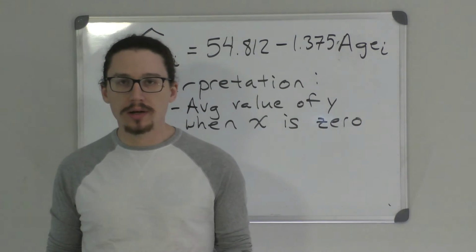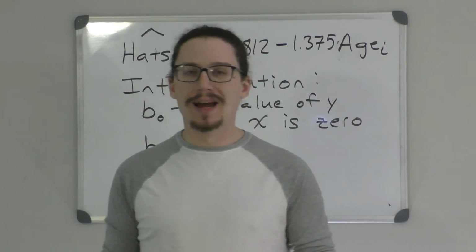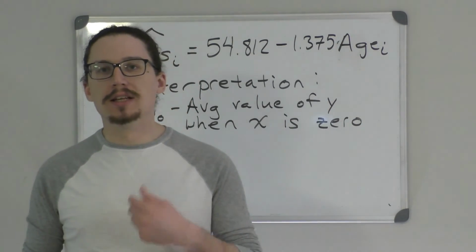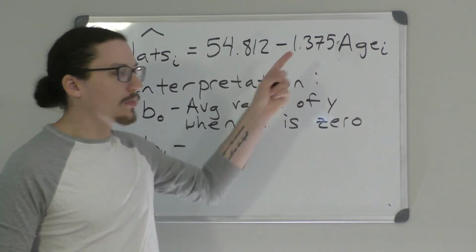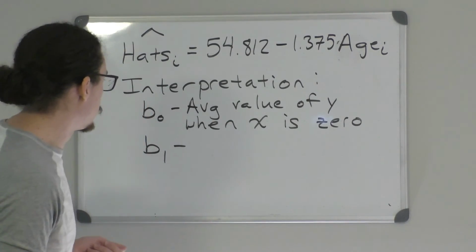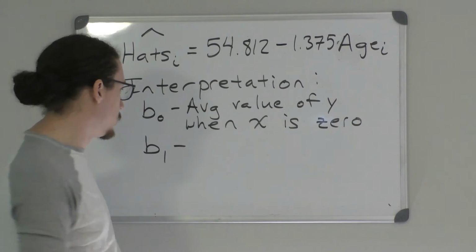For beta 1, the interpretation is that a 1 unit change in our independent variable, or x, is expected to lead to a B1 change in the dependent variable. All right, so we're going to put it in terms of an increase just so it's a little bit more streamlined.